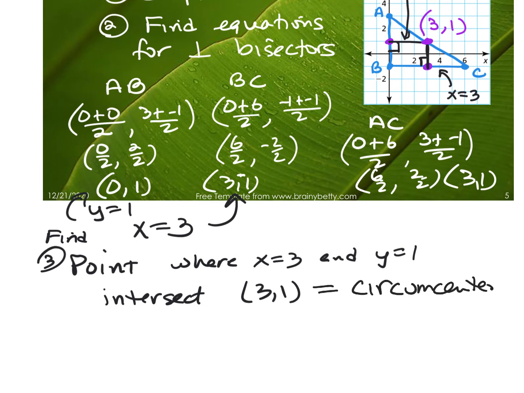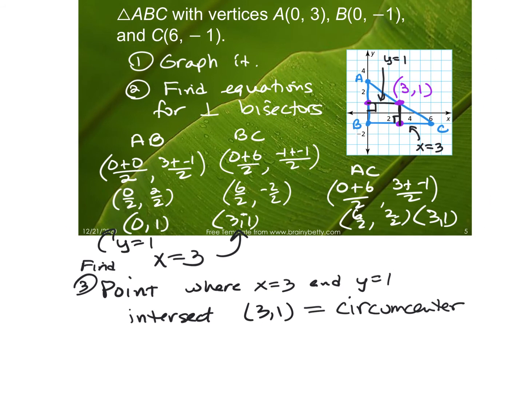So honestly, whenever you do this, if you graph it and all you do is find the midpoint and then draw from that midpoint a vertical line and a horizontal line, see where those vertical and horizontal black lines meet, and that's at that ordered pair (3, 1). So this is why I'm going to give you a right triangle versus an acute or an obtuse, because those are going to get more challenging.